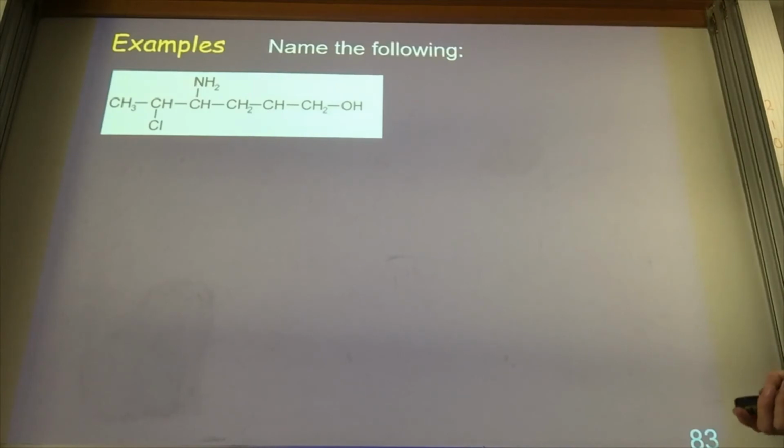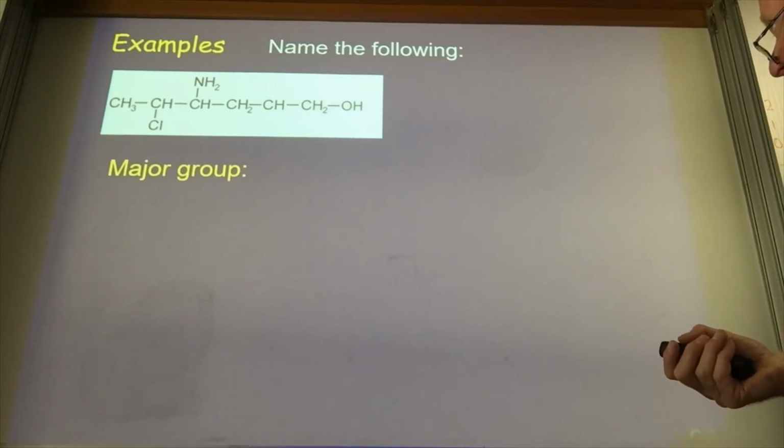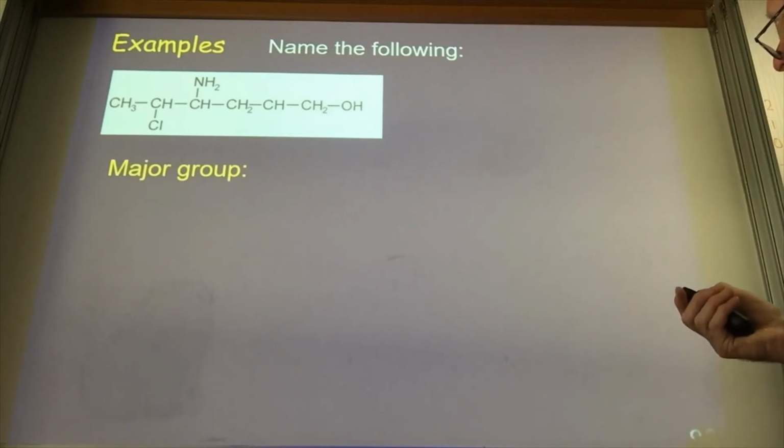Okay, so name these. So how many carbons have we got? 6. Let's look at our functional groups. What have we got? We've got a chloro, we've got an amino, and we've got a hydroxyl. Which one of those takes precedence? Which one of those is closest to the top of that table? Hydroxyl.